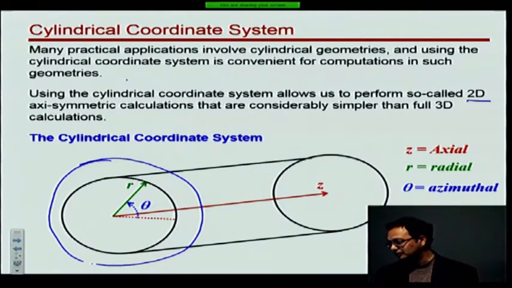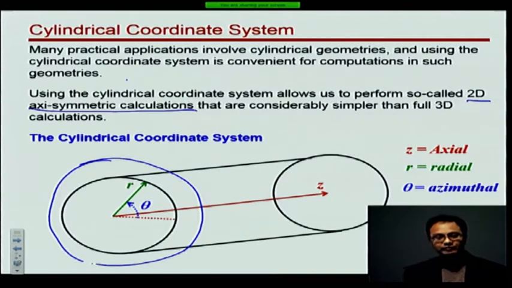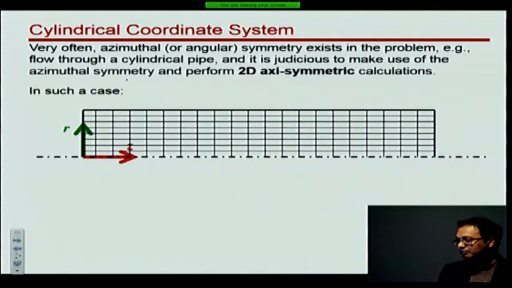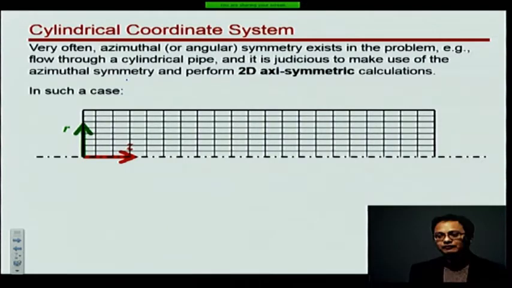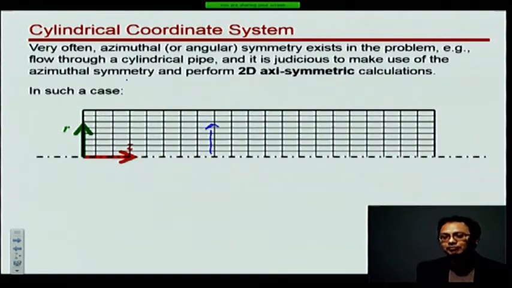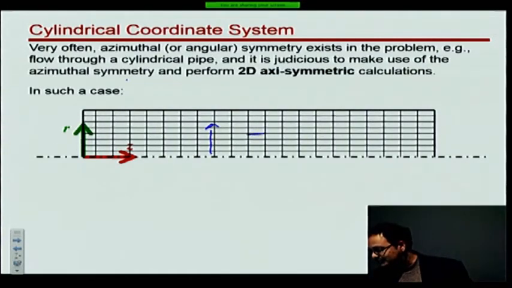So if you do 2D axisymmetric calculations, then this is what your mesh looks like, which is exactly the same as an XY coordinate system, except here we are using Z and R. The main difference is that the area gets bigger as you go in this direction. These face areas, this face area versus that face area, if you're looking at the Cartesian coordinate system, are both delta x.